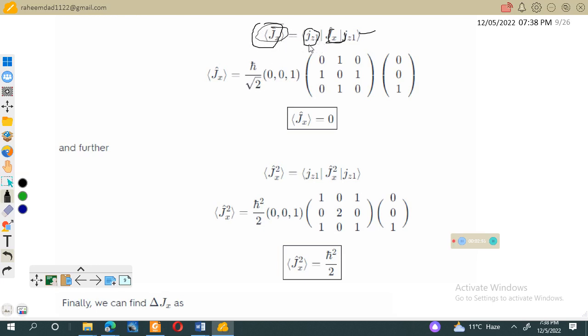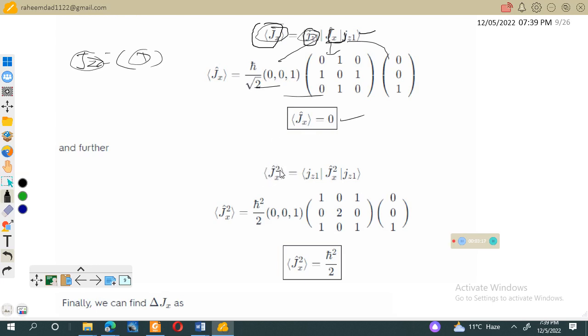So this is equal to a row vector corresponding to Jz. If we have an eigenvector for Jz which is a column vector, when we convert it into bra vector, this column vector will be converted into a row vector. Okay, Jx is given, this is also given. So if we multiply this equation, this will give Jx is equal to 0.